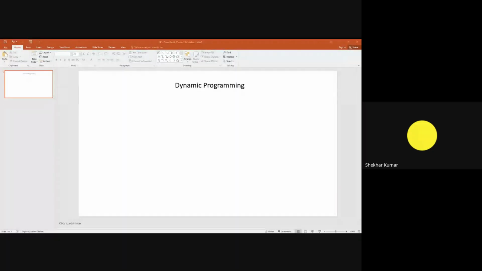Actually, the main goal is to find the best optimal solution with the help of the dynamic programming approach. This is a bottom-up approach in which you find the solution to achieve the best optimal value.